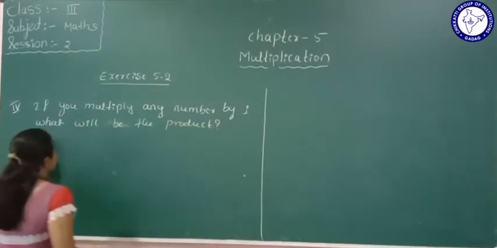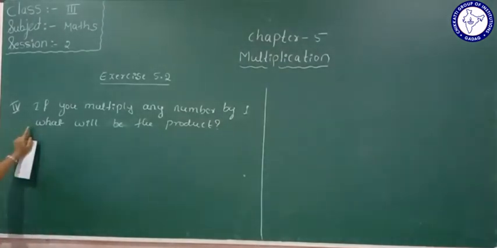Yes, see students, if you multiply any number by 1, what will be the product? If we multiply any number by 1, the product is itself only, that number only.